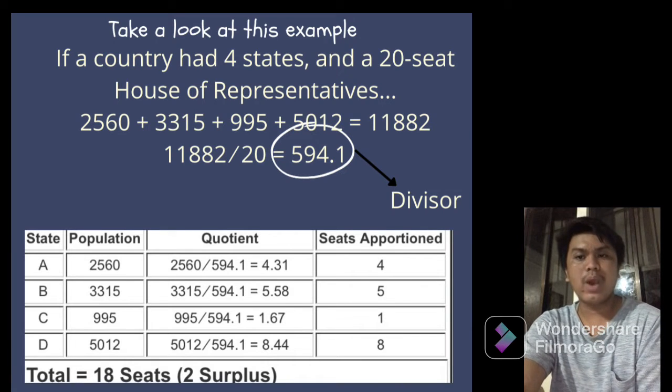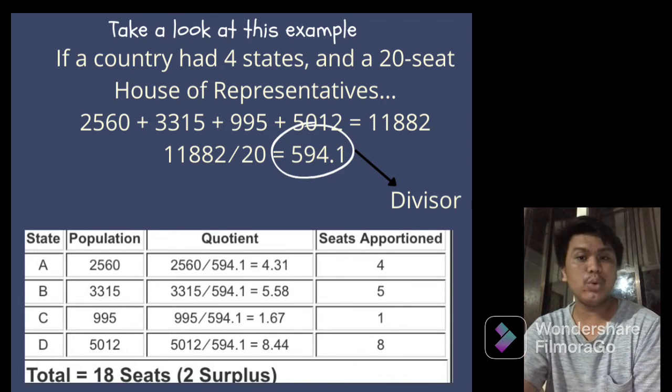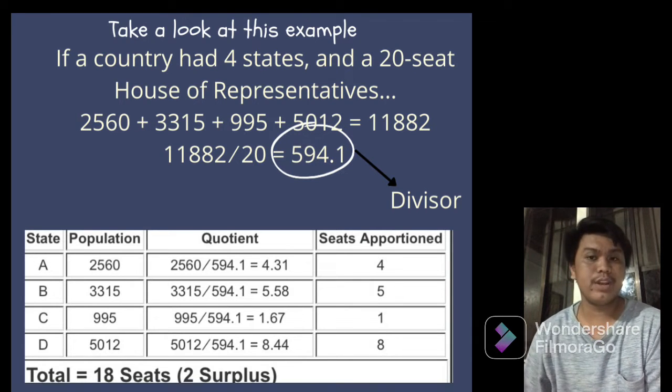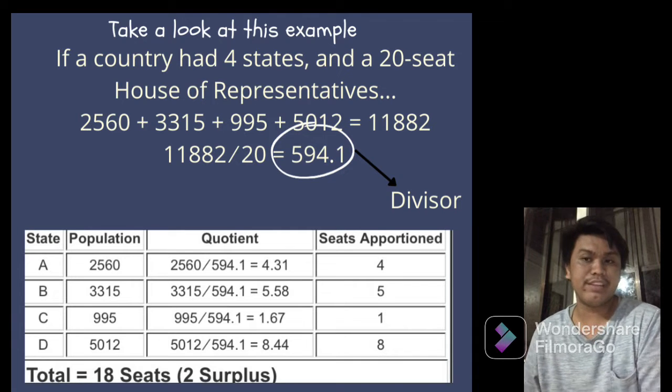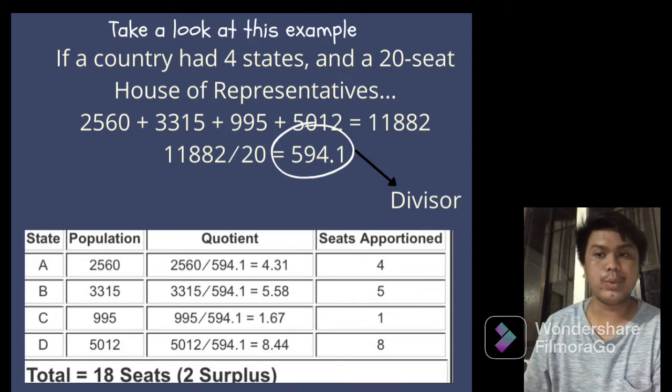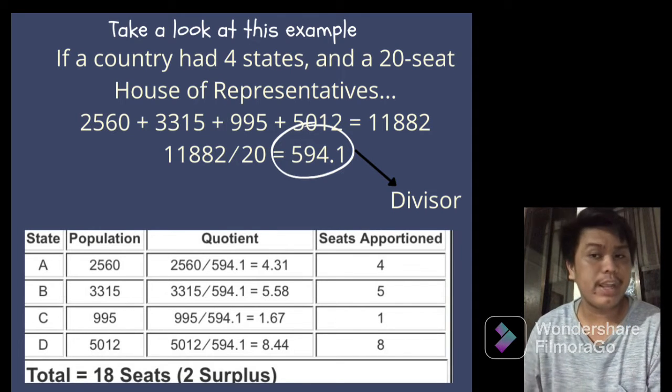So, to get the standard divisor, we just need to add the total population from state A to D. That will be 2,560 plus 3,315 plus 995 plus 5,012, which will be equal to 11,882.